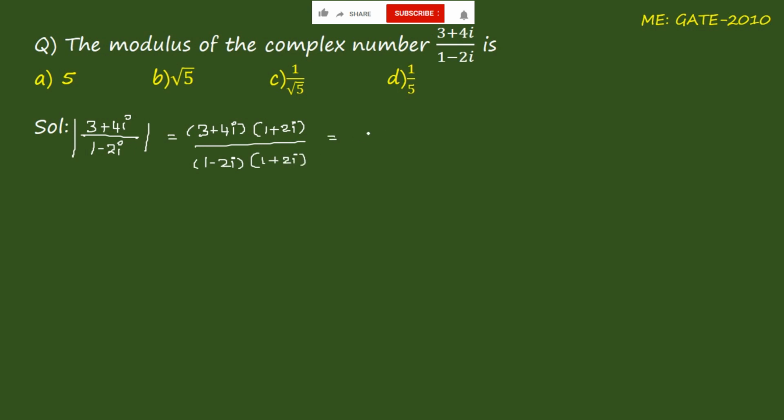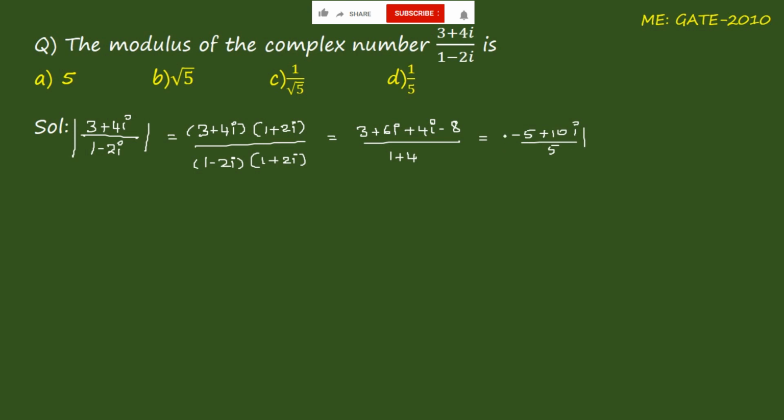which is equal to 3 plus 6i plus 4i minus 8, by 1 plus 4, which is equal to (minus 5 plus 10i) by 5.